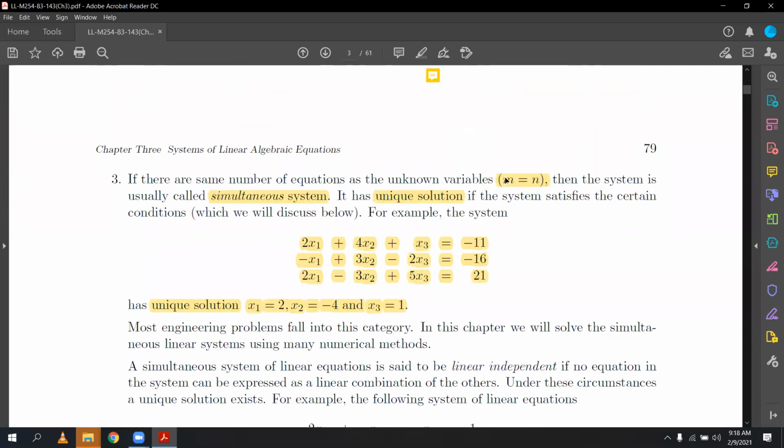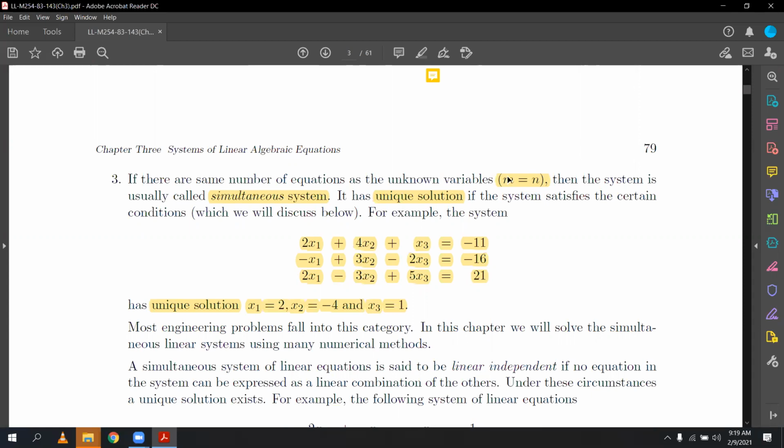And when you have this condition, m is equal to n, we call that system a simultaneous system. And generally, this type of system has a unique solution. But please, again, I never said that the simultaneous system always has a unique solution. No, this is not true.